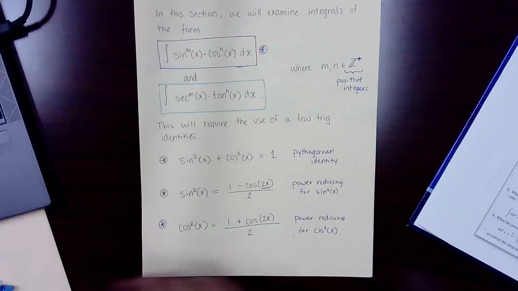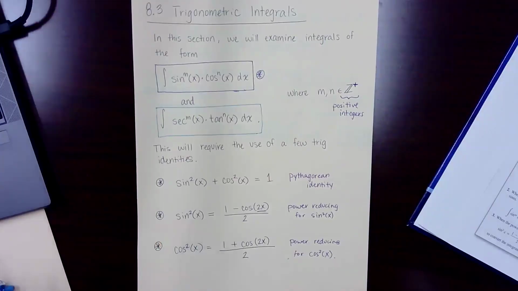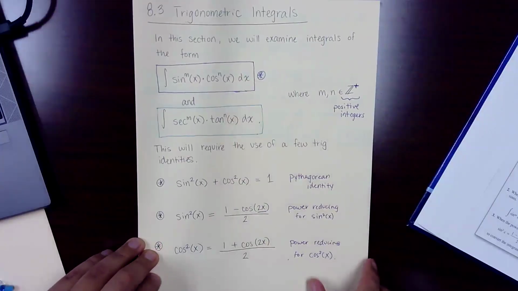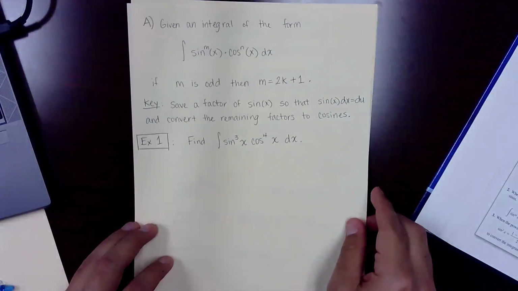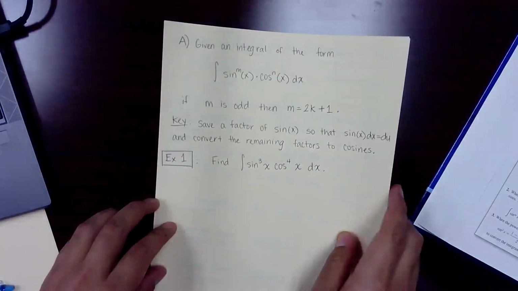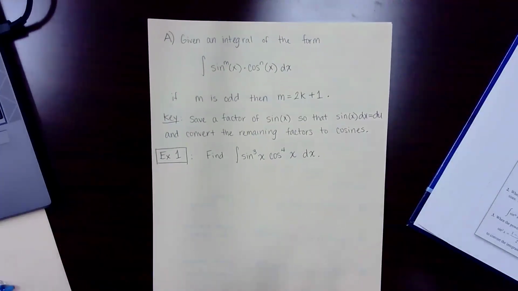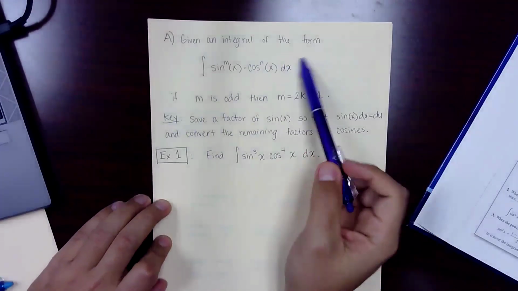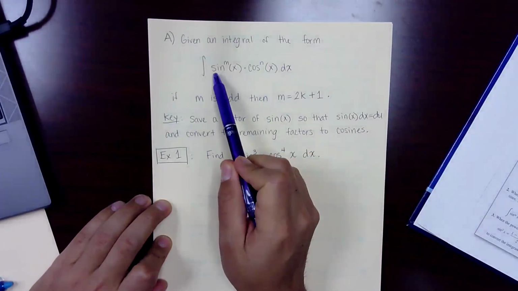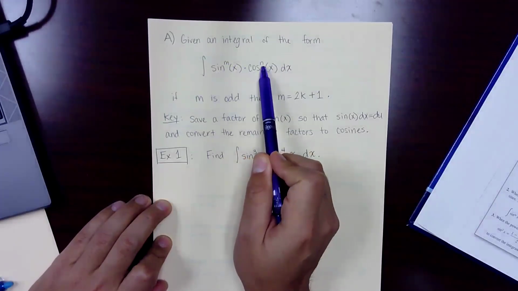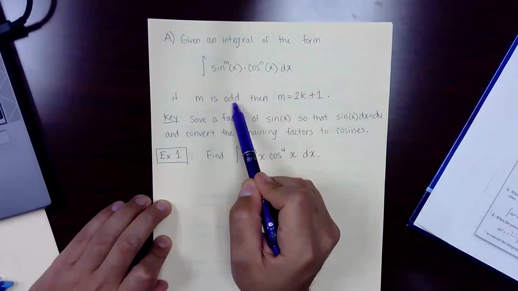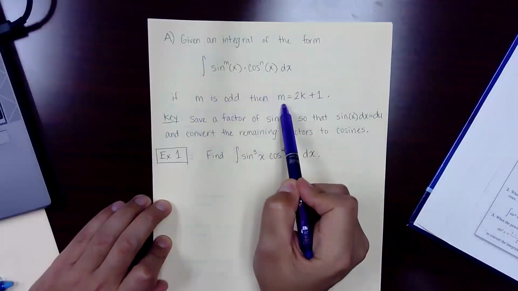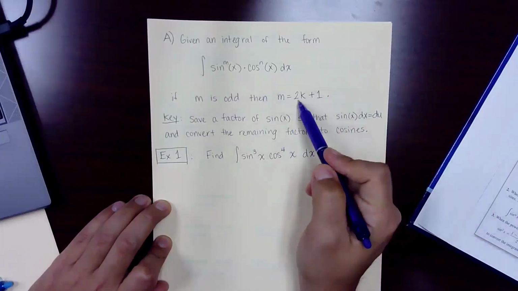So let's look at our guidelines for approaching an integral of this form, the powers of sine and the powers of cosine. There are three situations that we really want to watch out for, and I've labeled them A, B, and C. Given an integral of the form the integral of sine to the m power of x times cosine to the n power of x dx, if m is odd, then m should be defined as 2k plus 1.